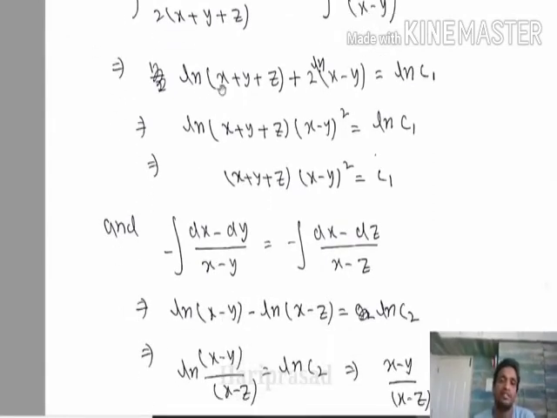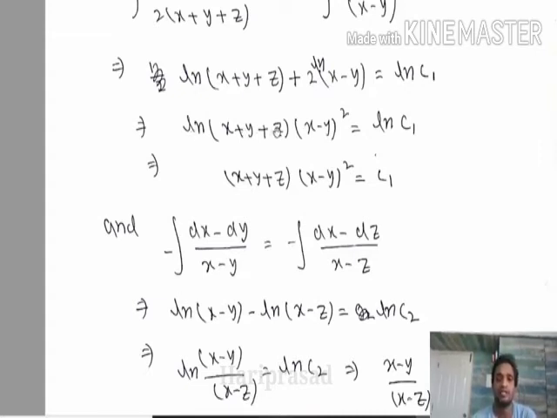So this is ln of a plus 2 into ln of b. 2 into ln of b can be written as ln of x minus y whole square. So that is in the form of ln of a plus ln of b, it becomes ln of ab. So ln of x plus y plus z into x minus y whole square is equal to ln of c1.